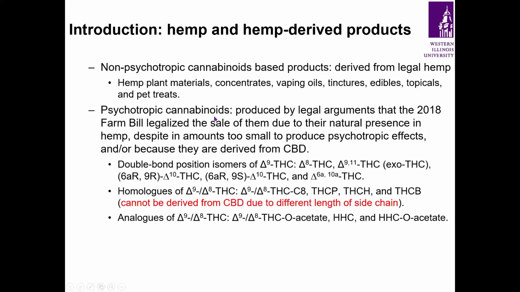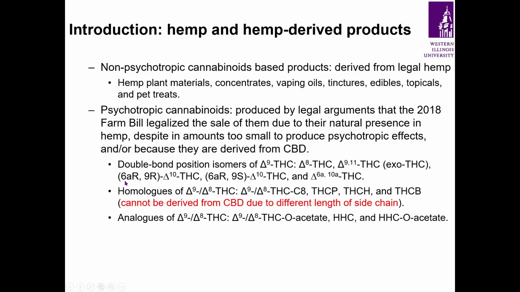Psychotropic cannabinoids were produced by the legal argument that the 2018 Farm Bill legalized the sale of them due to their natural presence in hemp, despite being in amounts too small to produce psychotropic effects, and/or because they are derived from CBD.